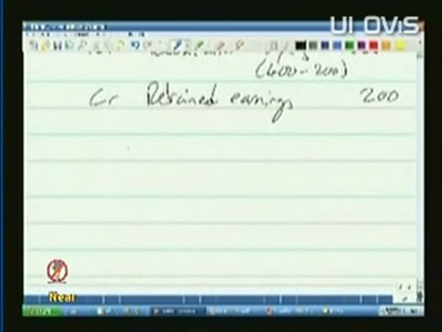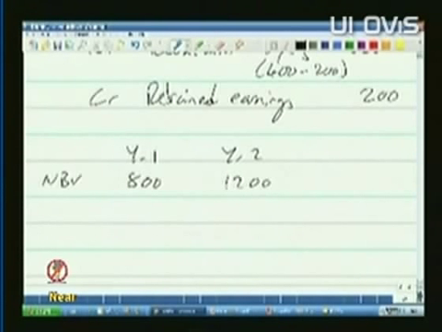So, year 1, year 2. Net book value of the asset, if you remember, at the end of year 1 was 800. At the end of year 2 it's now 1200. The revaluation surplus, remember right at the end of year 1, we revalued it, so that went to 1600 with the extra 800 in the revaluation reserve.